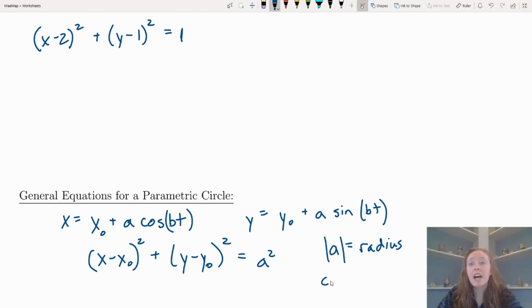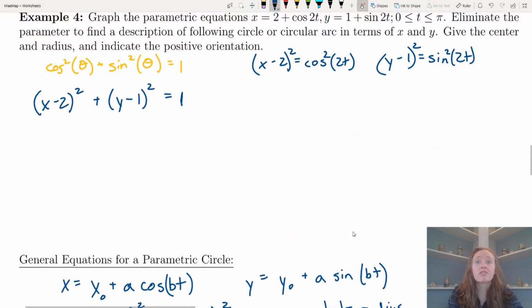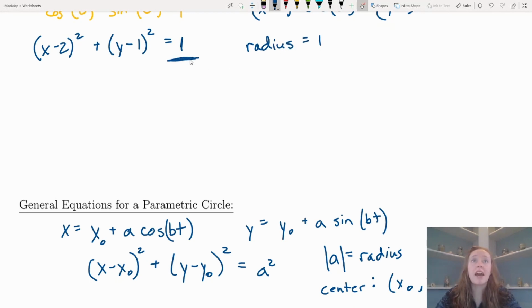And lastly, our center is now going to be x naught, y naught. In two of the examples we've already completed, x naught and y naught were both 0 because nothing was subtracted from x or y. However, now we have a bit of a shift for example 4. So I know my radius is going to be 1 because that's my a.